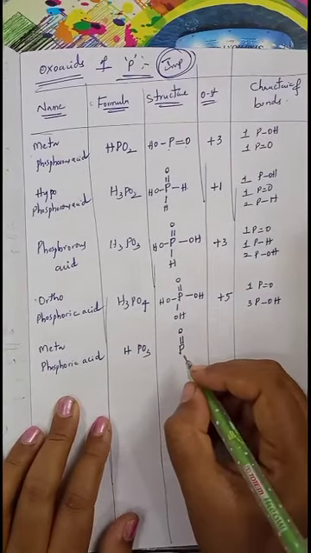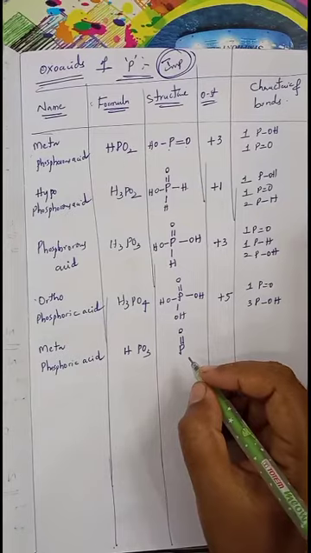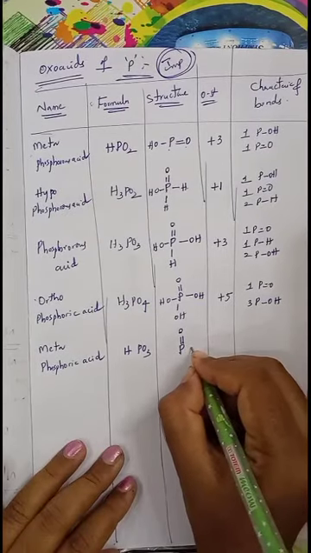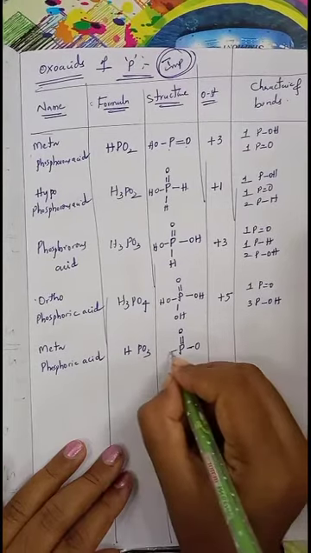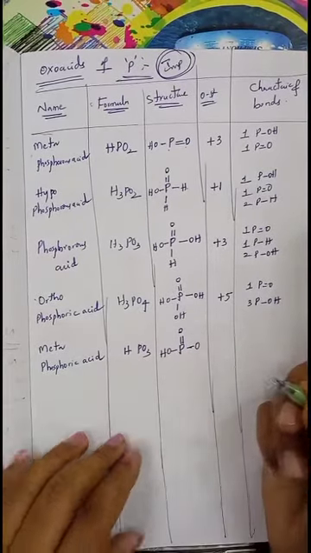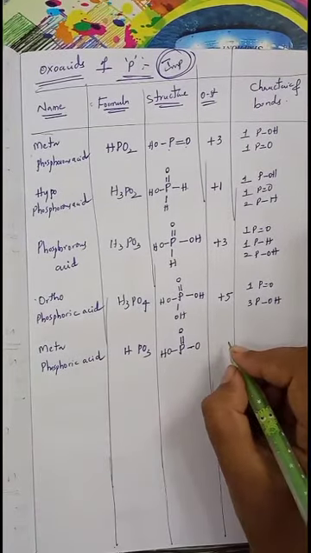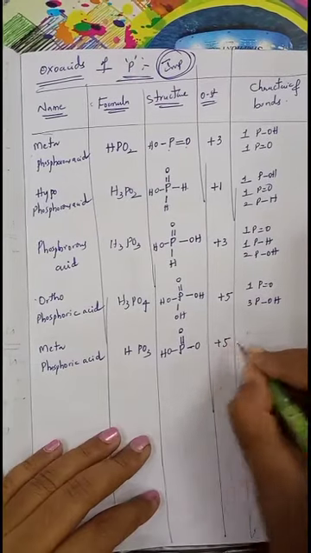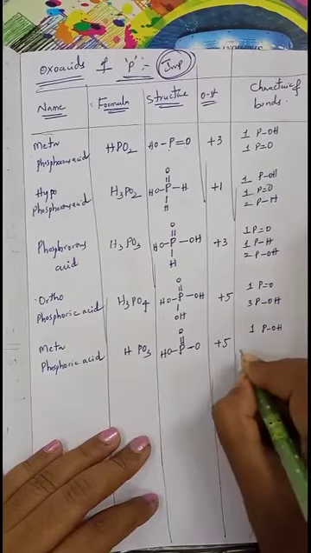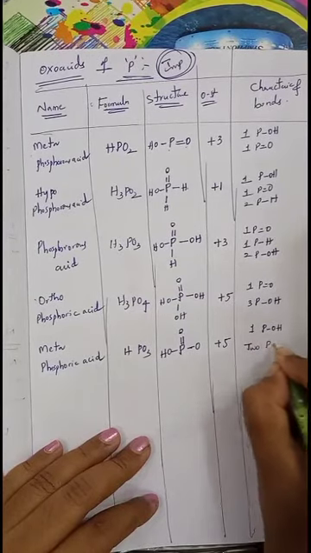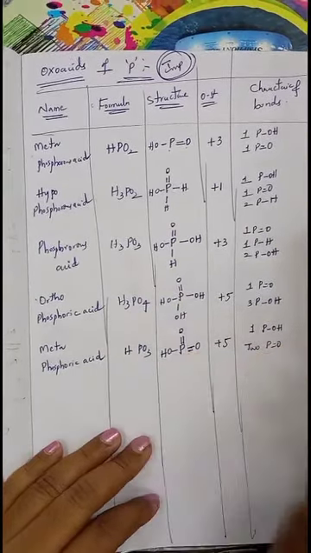Still 2 more oxygens are there. Another one also makes a single bond with the phosphorus. Another oxygen will make an OH bond. Oxidation state is +5 and number of bonds are 1 P-OH bond and 2 P=O bonds. Sorry, here also double bond.